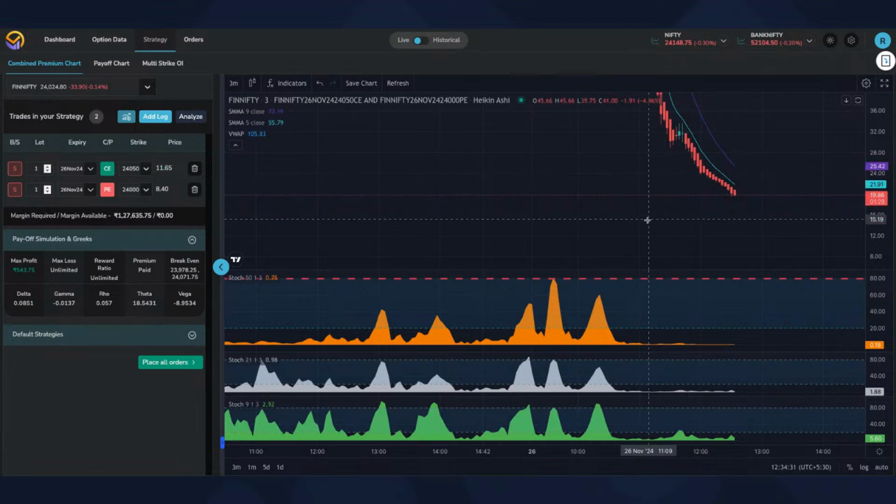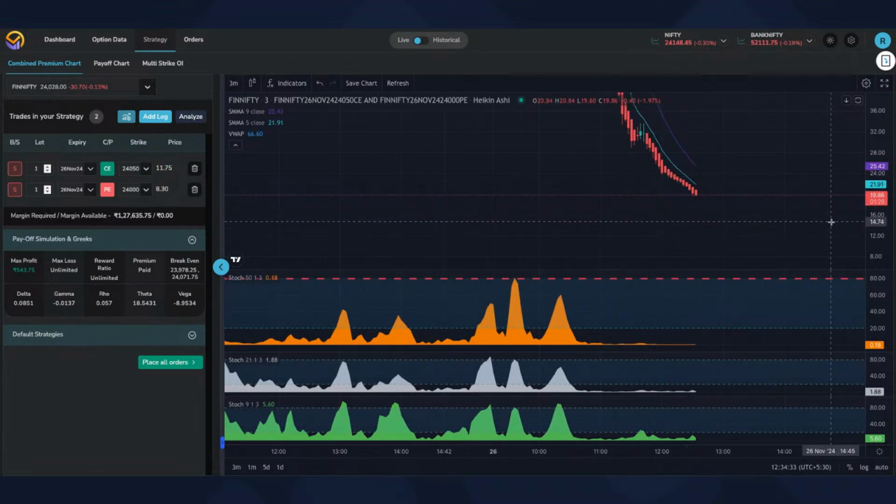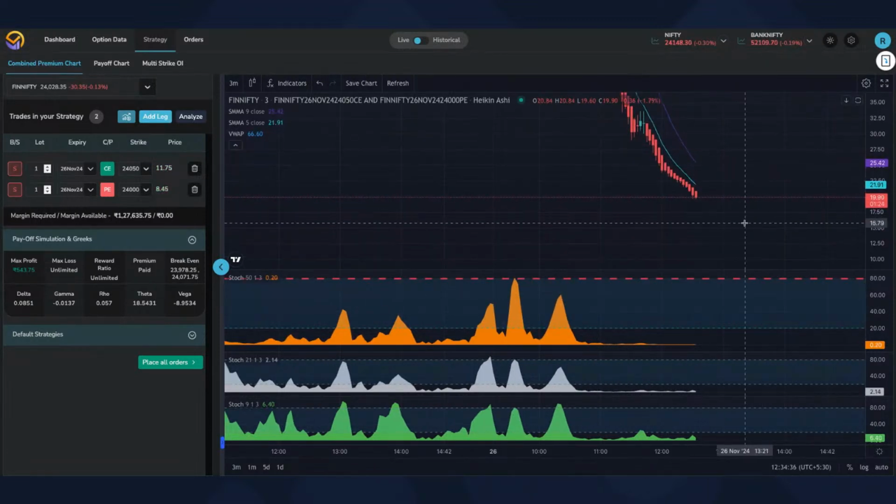That's when Nifty moved a little bit. I was online at that point and we did not make any changes.